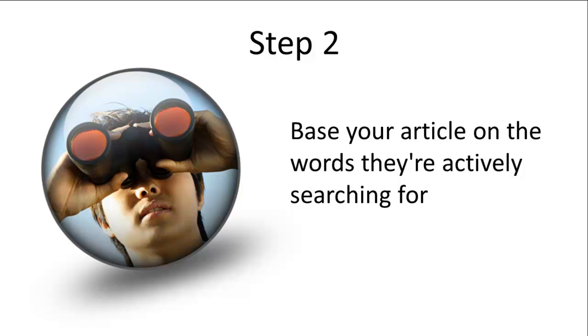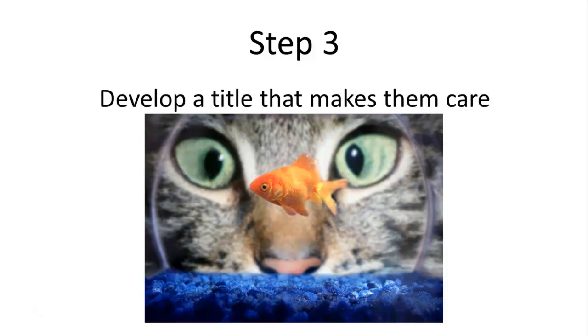Step 3 is develop a title that makes them care. Your title must include the keyword or keyword phrase you're trying to rank for, preferably twice. It also needs to highlight the main benefit the reader can expect to gain from reading your content. When your articles are accessed by the search engines, the first thing they see is your title.